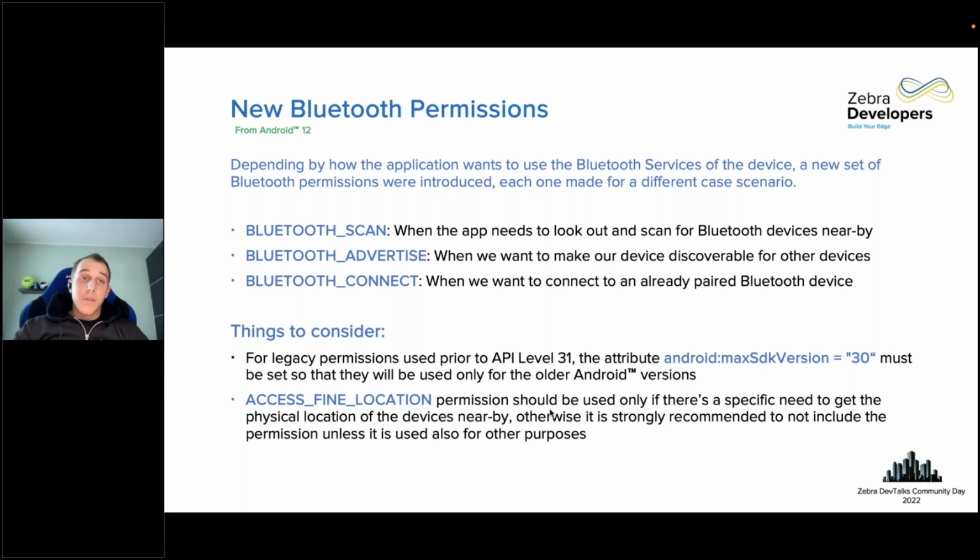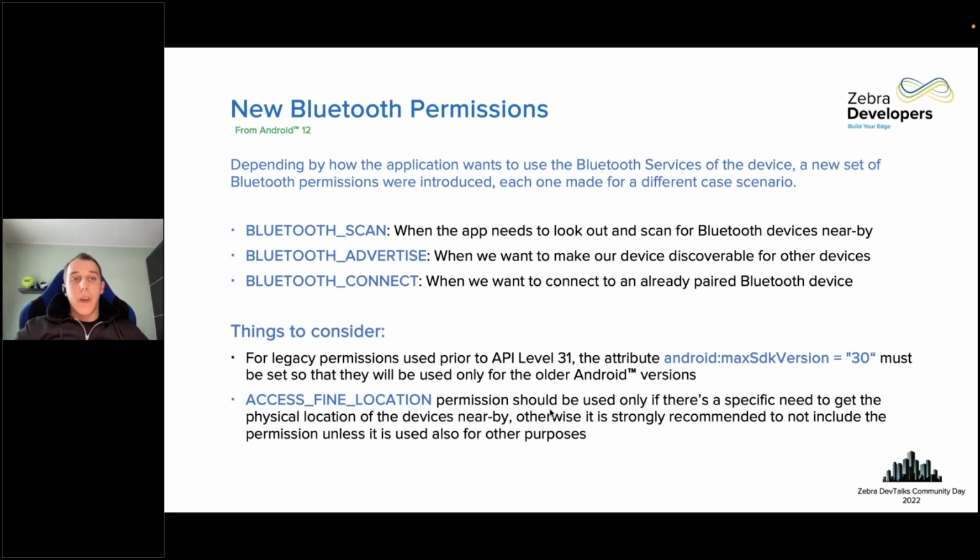And the second thing to consider here is something related to the access fine location permission. The access fine location is the permission used for the precise location of the user. In the previous Android versions, you had to use the access fine location to determine the physical location of the Bluetooth devices if you wanted to scan.